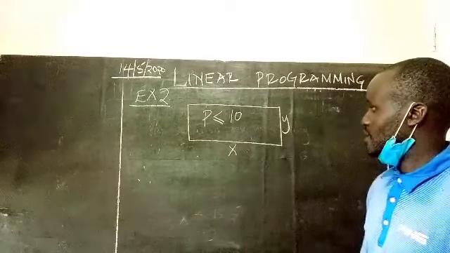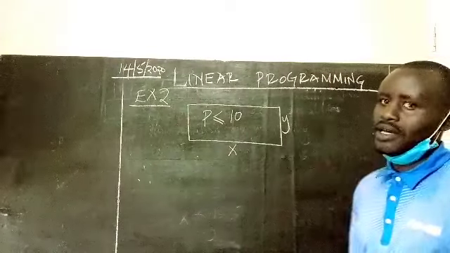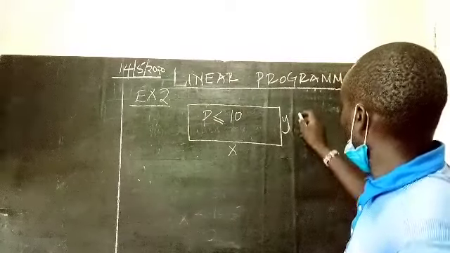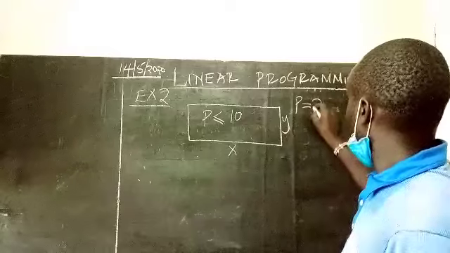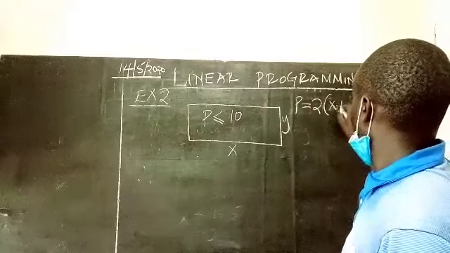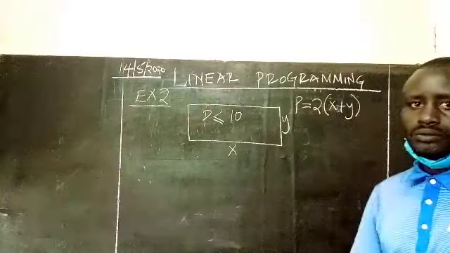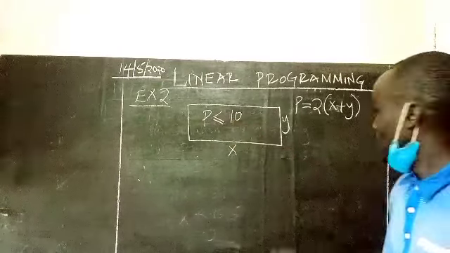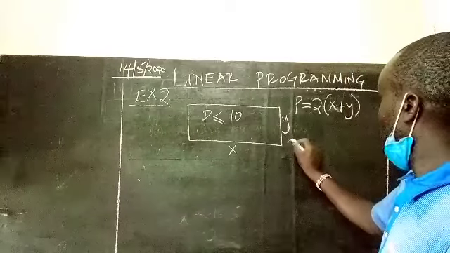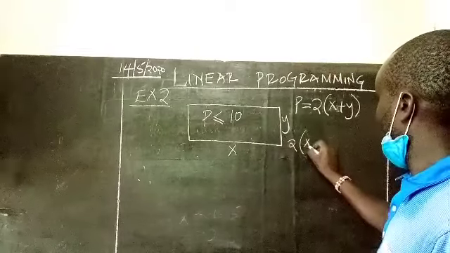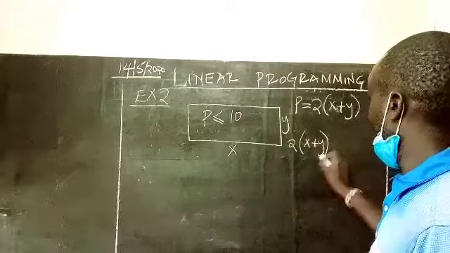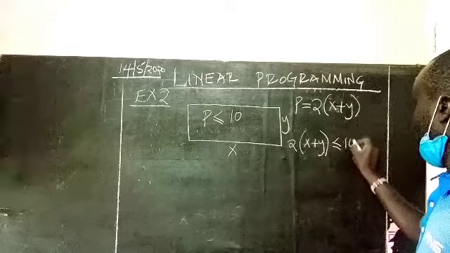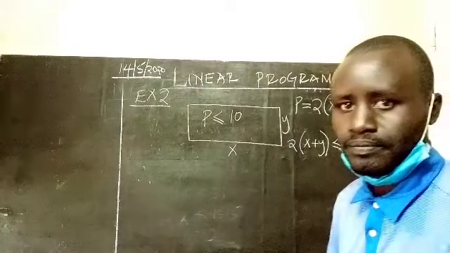We're given length as x and width as y. So we know perimeter is given by twice the sum of these two, and our perimeter is not more than 10, meaning we are going to say twice of x plus y is not more than 10.